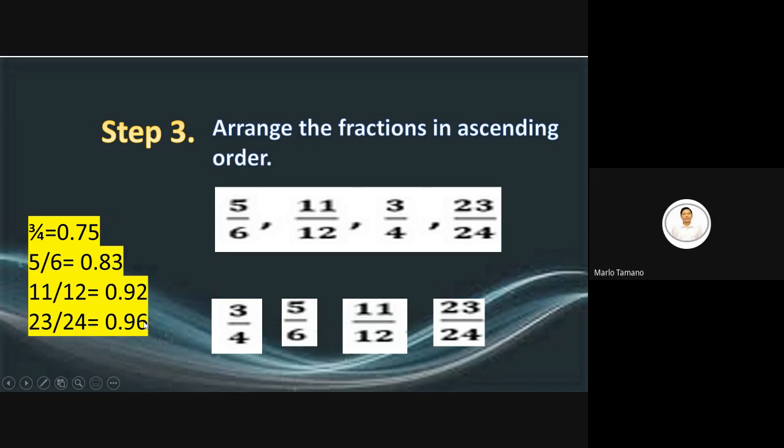Ganun po yung pag-round off. Kung ang kasunod ni 2 ay 8, i-round off na si 2, magiging 0.93 na. Kung ang kasunod ni 6 ay 4, so 0.964, yun pa rin po as is, 0.96. So madali nang ma-identify kung alin diyan ang pinakamababa.